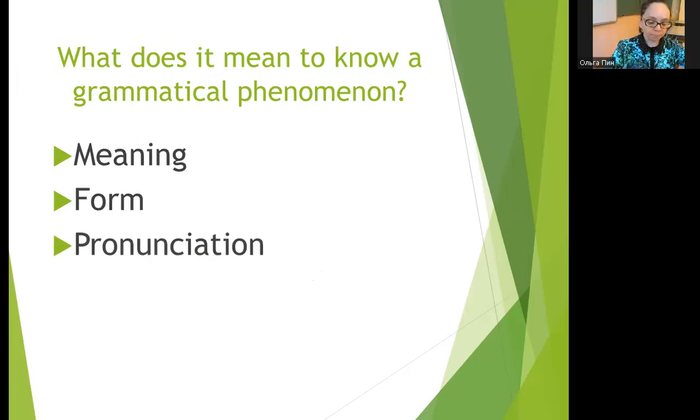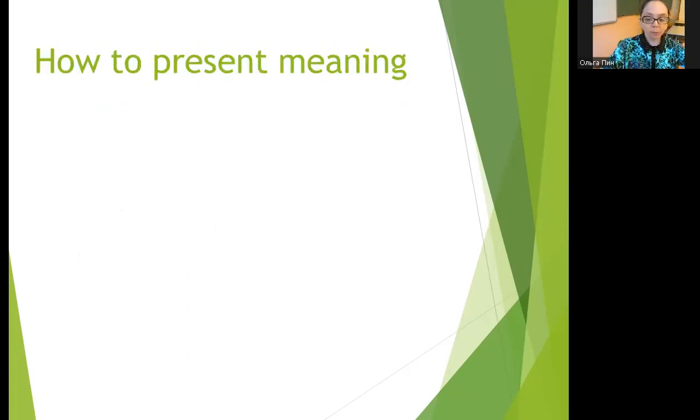So, to know, say, a certain grammatical tense, means to understand what it means, to know how it is formed, including negatives, interrogatives, etc., and to know how it is pronounced, including strong and weak forms.